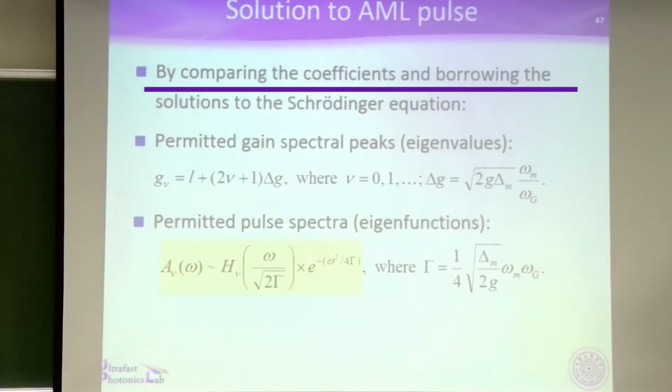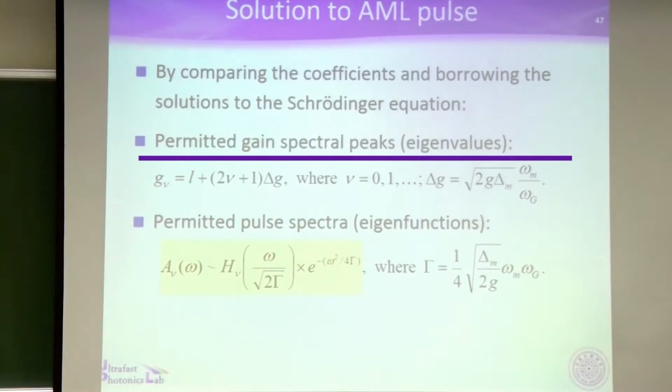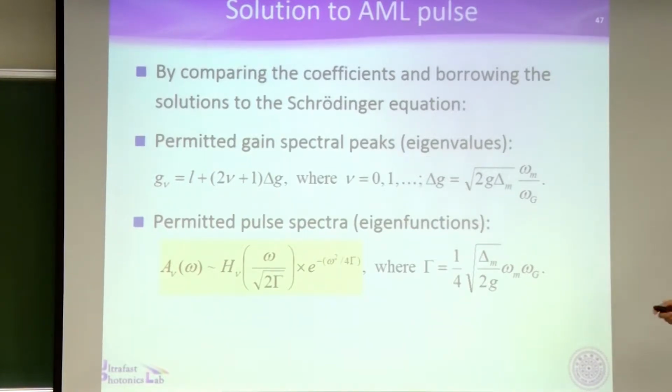So for the same reason, you just compare the coefficients and, borrowing the solutions to the Schrödinger equation we have seen in the last slide, you can now have permitted gain spectral peaks. Remember, G, the saturated gain coefficient, is the eigenvalue we want to solve. Now we know there is not just one G, there are infinitely many permitted G values.